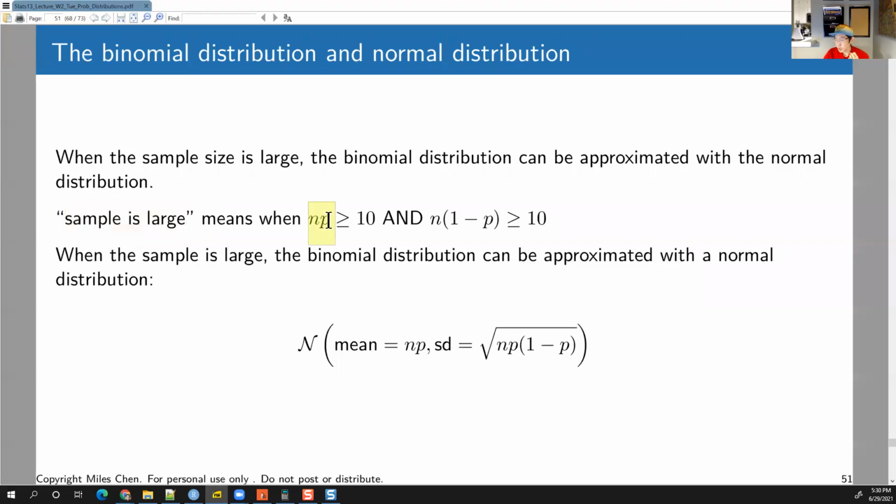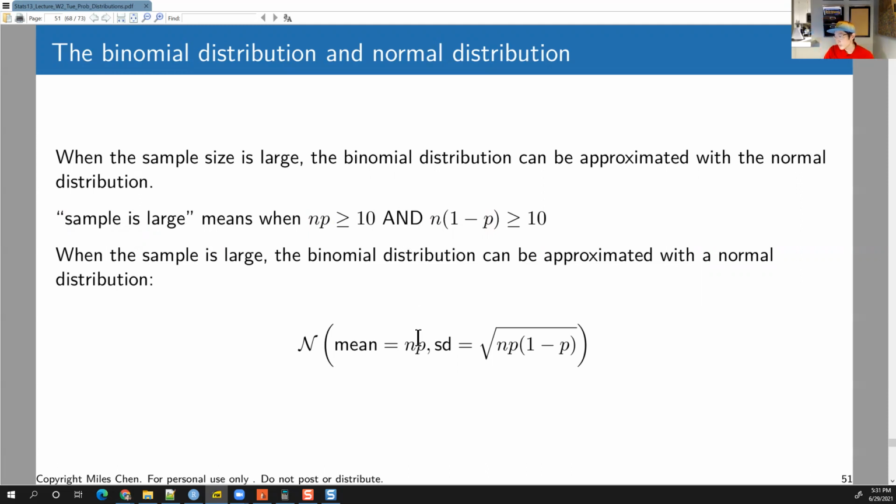If n times p is greater than or equal to 10, and n times the quantity 1 minus p is also greater than or equal to 10, then we can approximate the binomial distribution with a normal distribution, which often makes our calculations easier if we're working stuff out by hand.